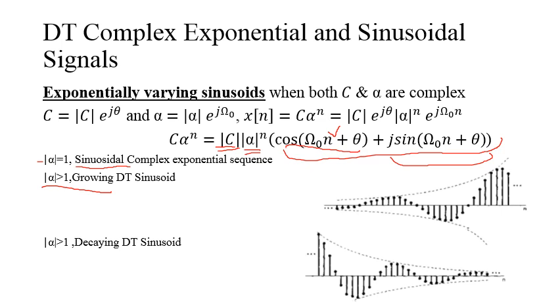So the resulting graph will be exponentially growing discrete time sinusoids. If alpha is less than 1, in that case this is exponentially decaying, so the resulting signal will be an exponentially decaying term times the sinusoids, right? So you are very clear on how to plot this for either exponentially growing or decaying sinusoidal cases: we use two graphs, one for the real part and one for the imaginary part.